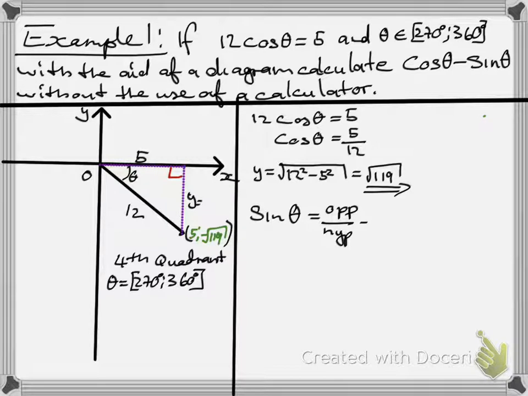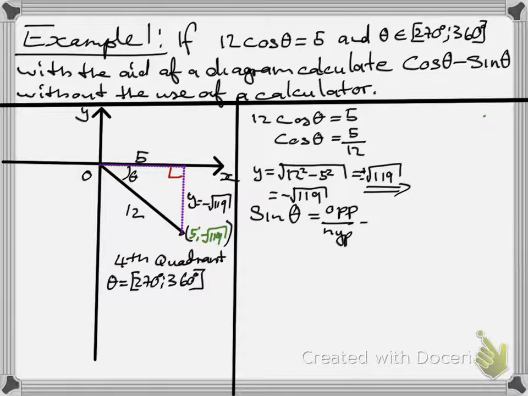When you find the square root of a number, remember, you will get a plus or a minus. So here you have to conclude that it is negative square root of 119.